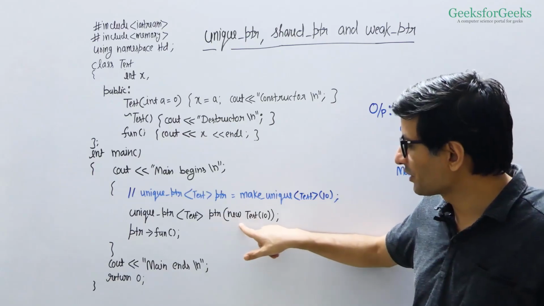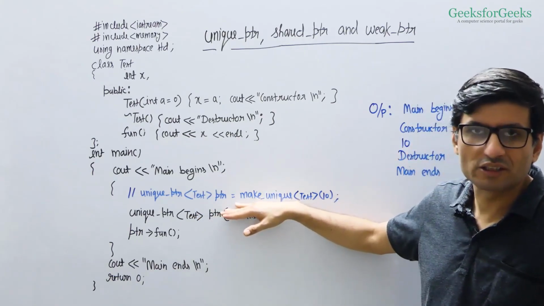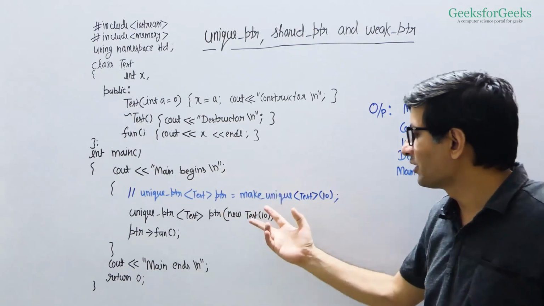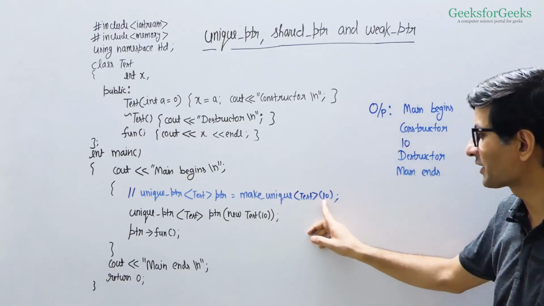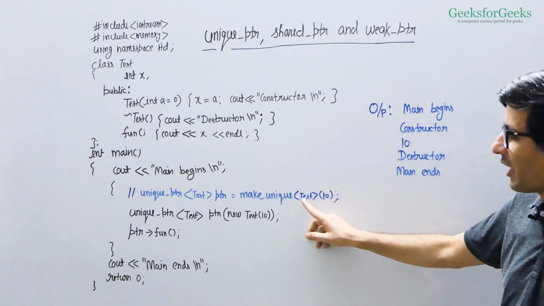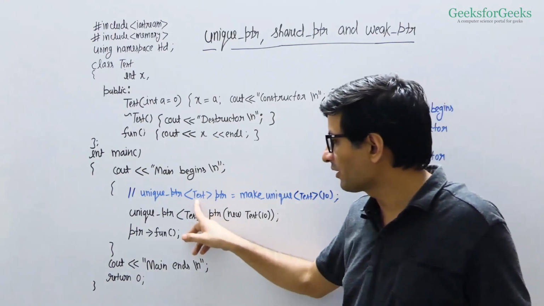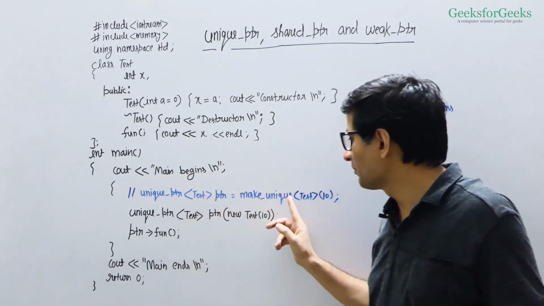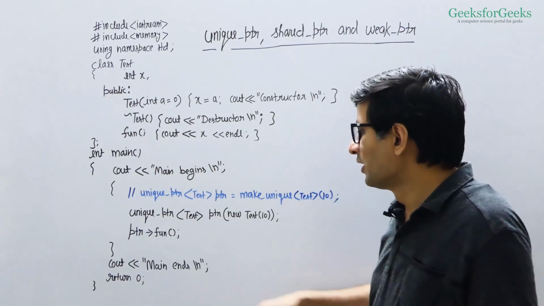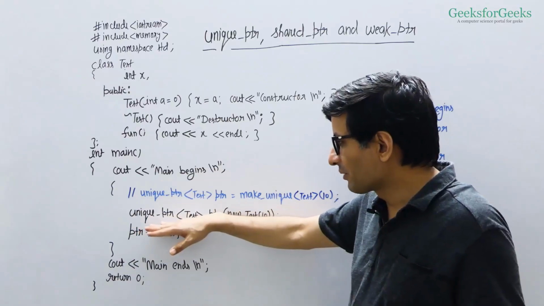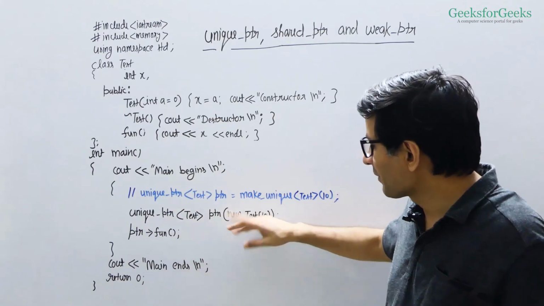In older versions you can use the first style, but in newer versions it is recommended to use this style. It's more readable and looks better. You create a unique pointer by simply calling make_unique and passing the constructor parameters. make_unique is also a templated function like unique_ptr, and in both we pass the data type for which we are creating the pointer.